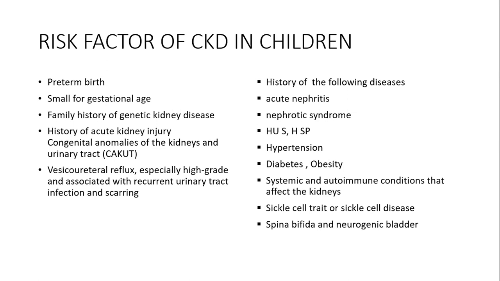Any abnormality of the kidney or urinary tract increases the probability of chronic kidney disease. In which way? Because children with anomalies of the kidneys have a high risk of chronic and recurrent urinary tract infections. Once the child has a urinary tract infection, there is scarring. When there is scarring, the number of nephrons is reduced, and the remaining nephrons increase hyperfiltration, which carries a high risk of chronic kidney disease later on.